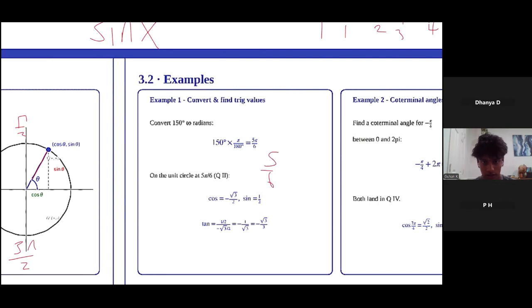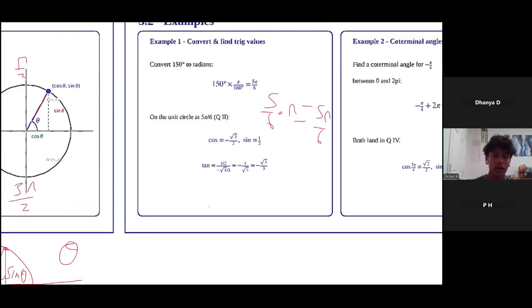And that times pi equals 5 pi over 6. And on the unit circle, for 5 pi over 6, cos theta equals negative root 3 over 2, and sine theta equals 1/2.